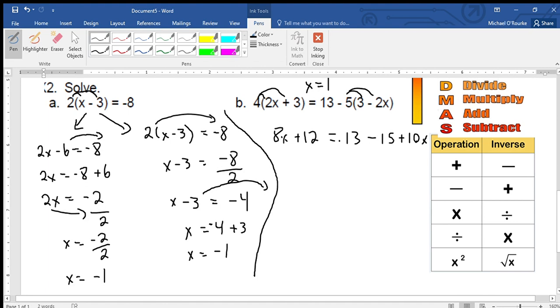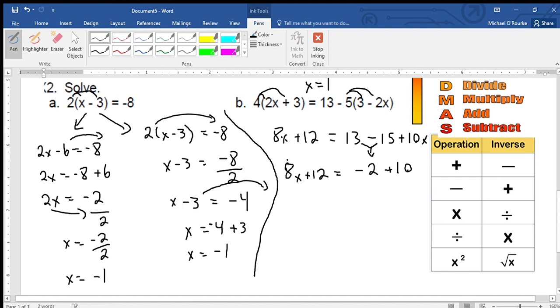Now, I don't like having 3 terms on this side. So I'm going to simplify this side first. So I'm going to write this one out again. 13 minus 12 is -2 plus 10. So I just combine those to get that.